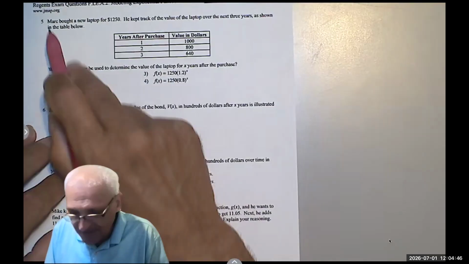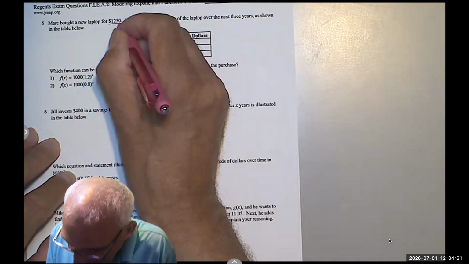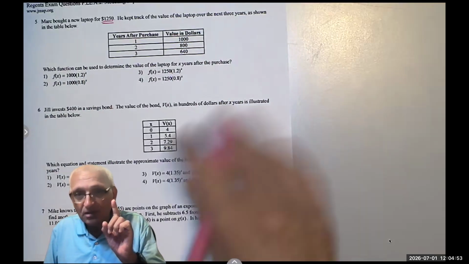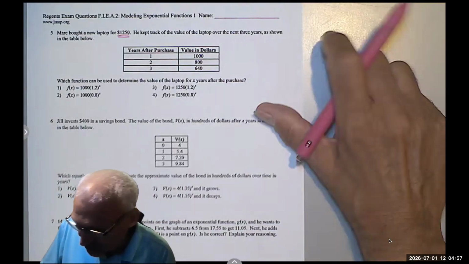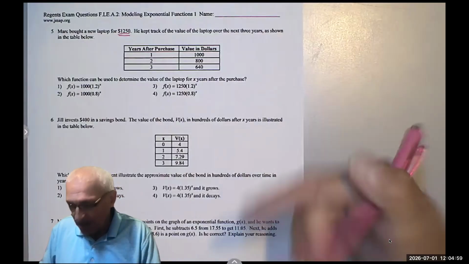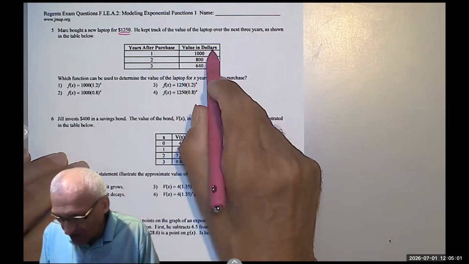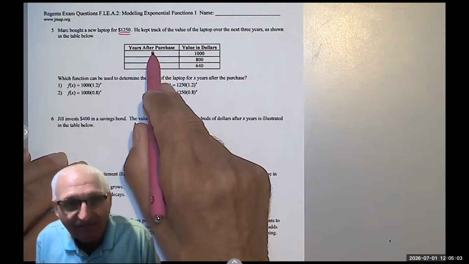This problem says Mark bought a new laptop for $1250 at time 0. At time 0, and you have to get used to that. Time 0 meaning now, because here it says value in dollars years after the purchase.